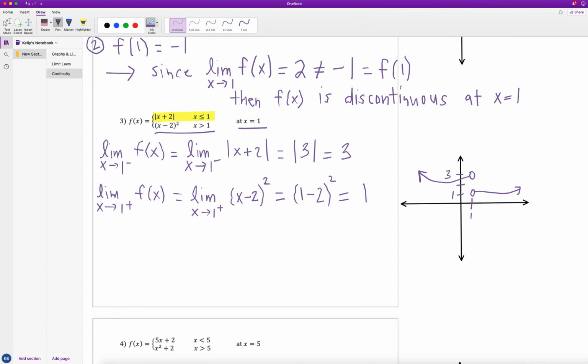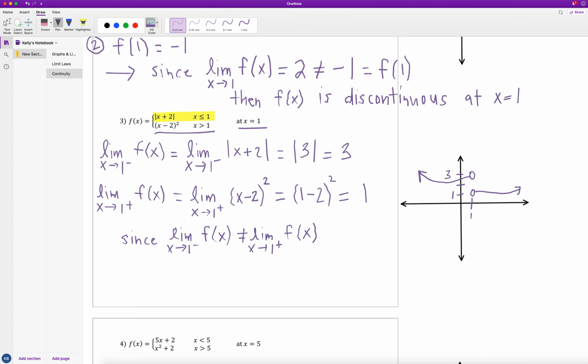So if we're going to write that all out formally, we would say since the limit as x approaches 1 from the left-hand side of f of x does not equal the limit as x approaches 1 from the right-hand side of f of x.